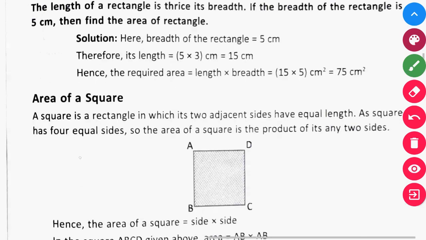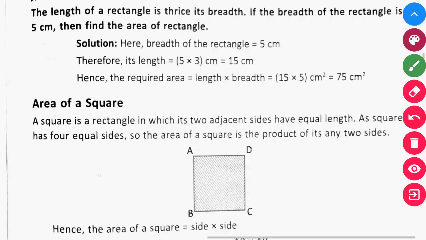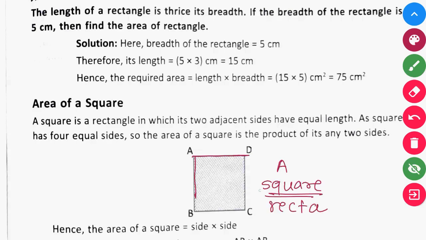Now for the area of a square, length into breadth, what do we say? Now for a square, length is equal to breadth. Okay, because square and rectangle both are quadrilaterals, means which have four sides. So for a rectangle we saw the formula length into breadth.